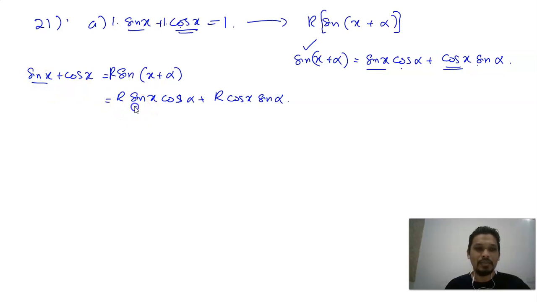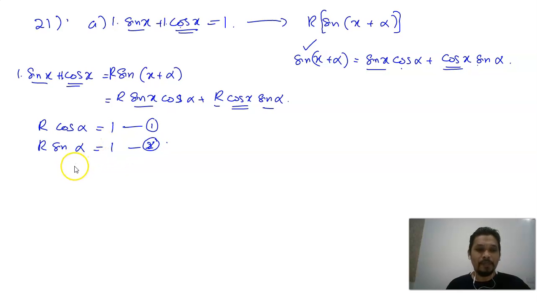So sine x with sine x and cos x with cos x, so r cos alpha equal to 1, equation 1, and r sine alpha also equal to 1 here, equation 2.